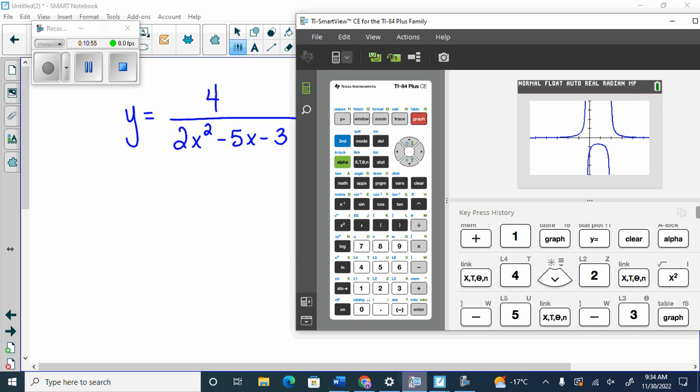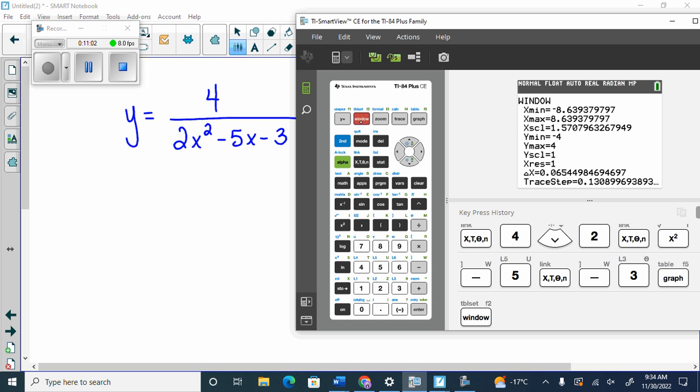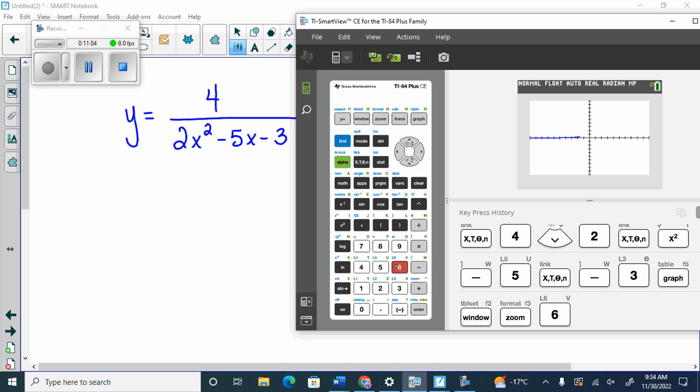Let's check it out. Negative a half, that seems reasonable. And then 3. I think my window is set weird. I had it set to a trig window, that's why. And then negative 2. So 3. So those look real.